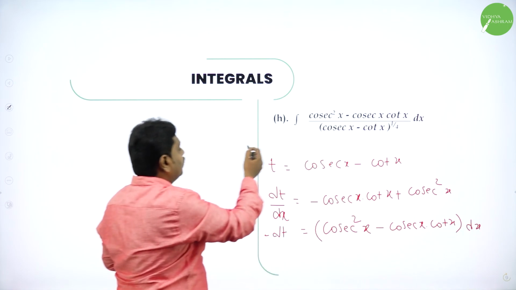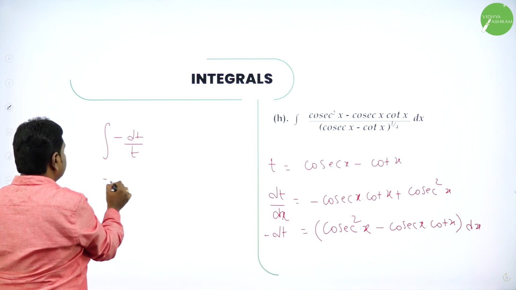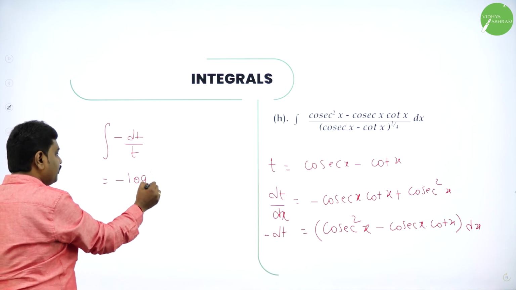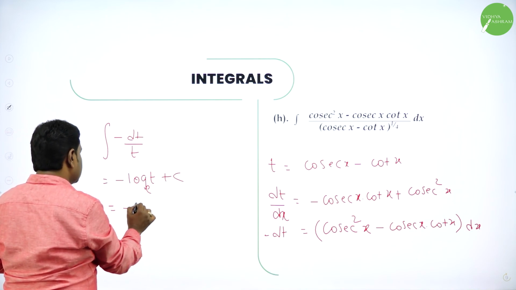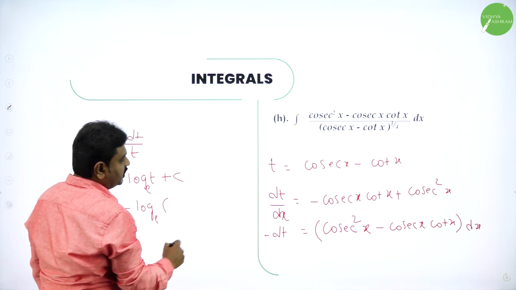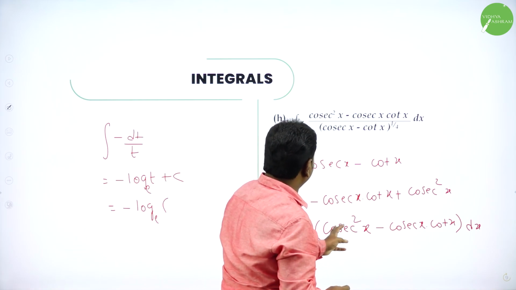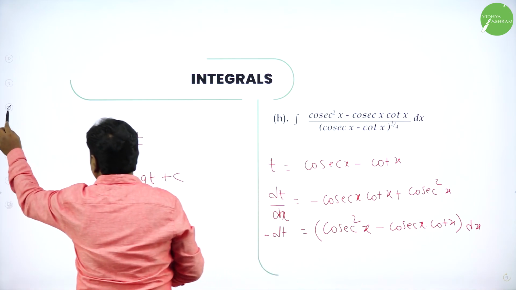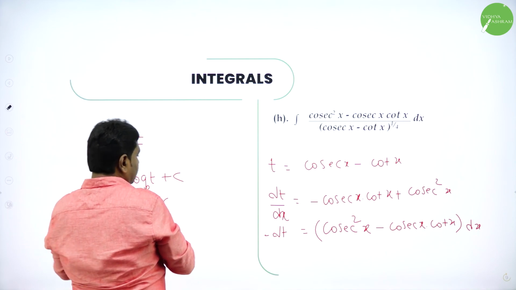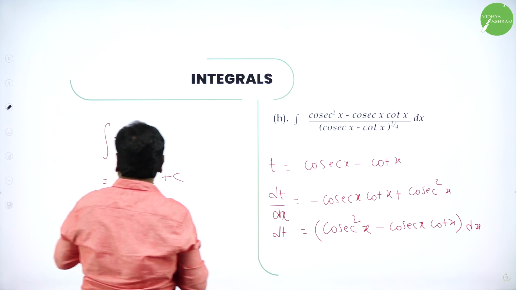Now the given problem can be written as integration of dt by t. Sorry, here we will rearrange. So it will become positive dt by dx. So here it is dt. First you write the positive term, then you write the negative term.